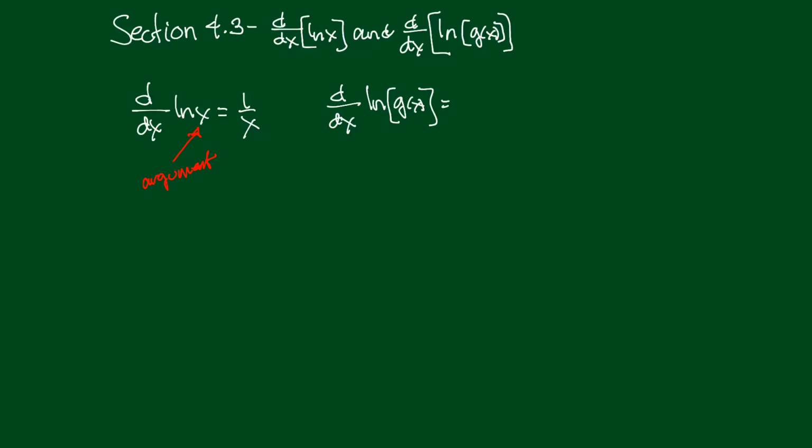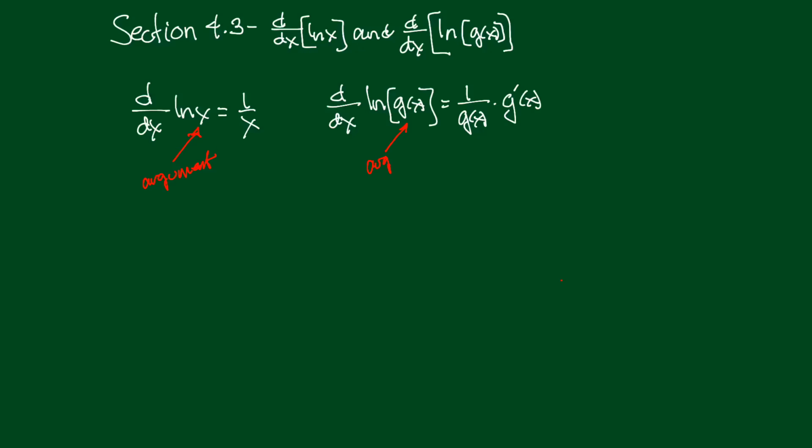So it's 1 over the argument. Now the argument over here is g of x. So this is going to be 1 over the argument, 1 over g of x, times the derivative of the argument.